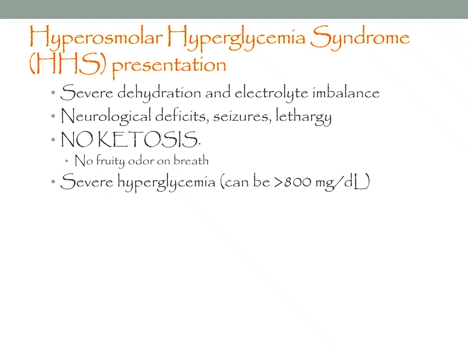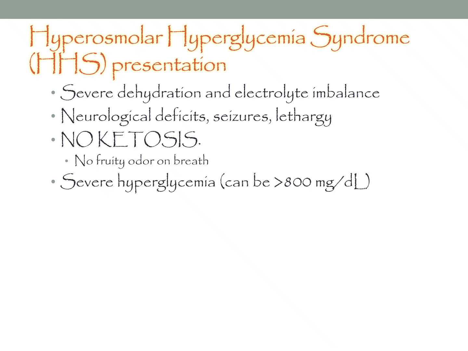Patients in this state will generally be altered. Remember that osmotic shift in the brain can cause confusion, disorientation, seizures, all the way to unconsciousness. Remember, these patients will not have ketosis. They will not develop ketones, so they will not have a fruity odor on their breath.